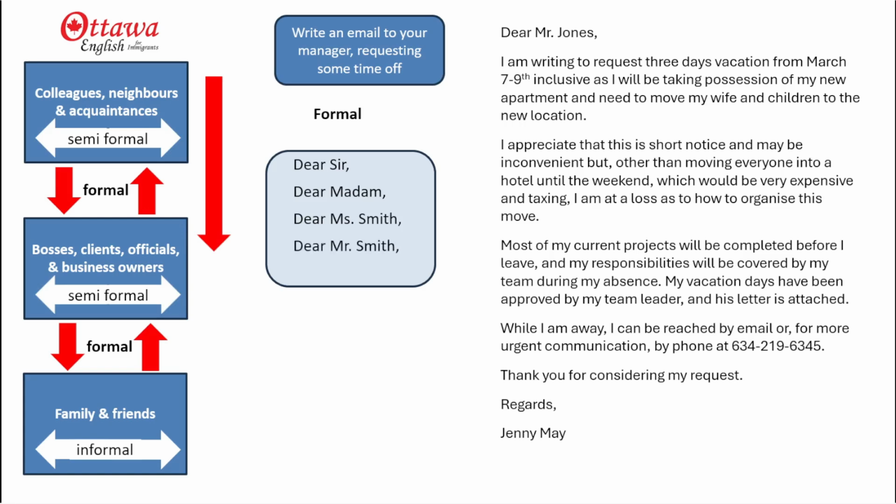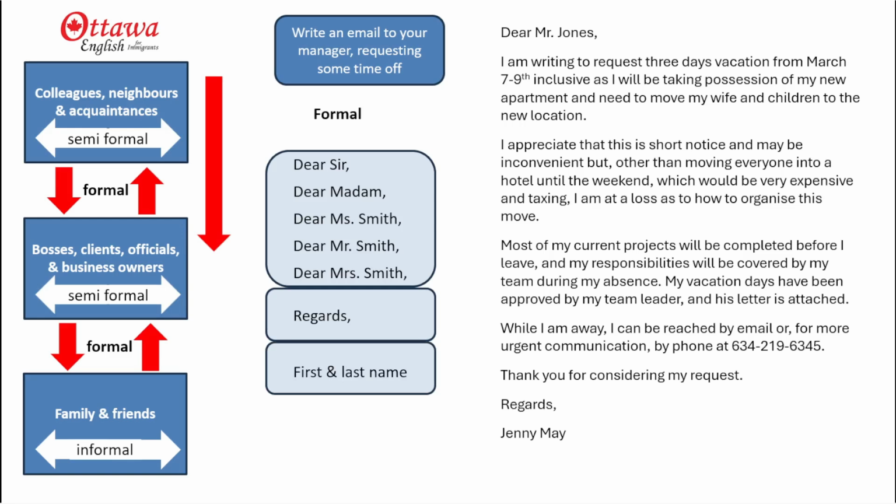Mr. with the last name would be for a man, and Mrs. with the last name would be for a married woman. I would sign that email regards, comma. So the name has a comma at the end, and regards has a comma at the end. And then I would sign both my first and my last name. So you can see in the email here that I've got Jenny May.